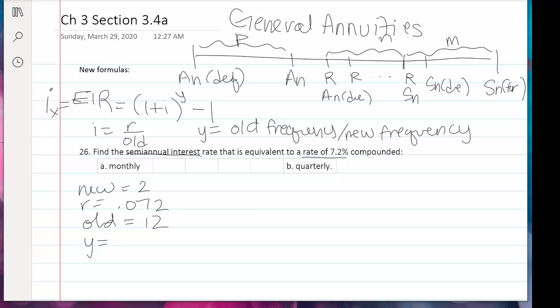That means our exponent is 12 over 2, so 6, which makes sense because there are 6 months in 1 year. Here we use the old and the r to get our i, so i is 0.072 over 12. Then our effective interest rate would be 1 plus 0.072 over 12, to the 6, minus 1.